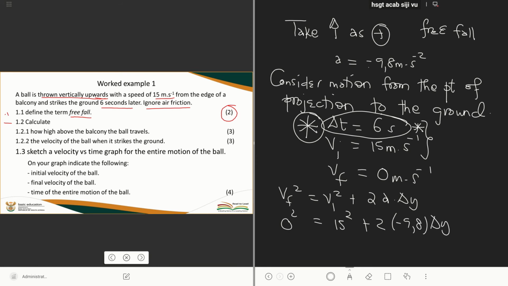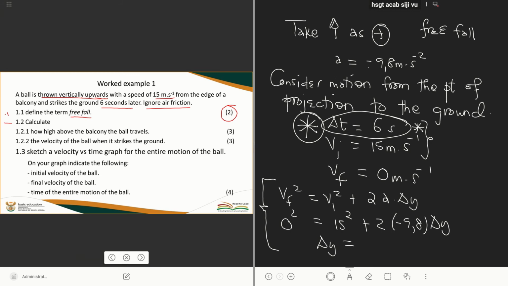So this reduces to a simple linear equation that any one of us can do. And you realize that the moment we start doing this, the science we've done already, then we can isolate our unknown, in this case delta y. Your calculator becomes a very important tool there. Then we've got 15 squared divided by 19.6, okay, which gives us negative.